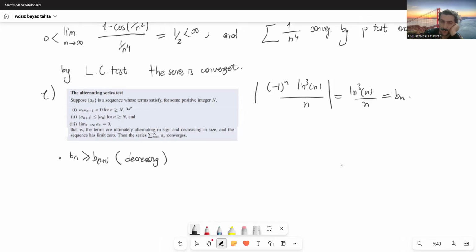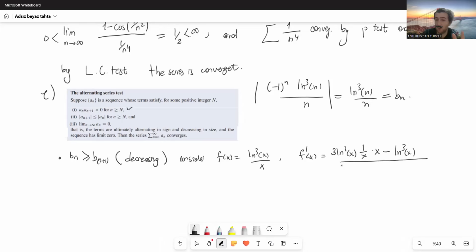Consider f of x, and take the derivative: 3 ln square x times 1 over x, minus ln cube x, over x squared. I'm applying the quotient rule. Now let us simplify: it is (3 minus ln x) ln square x over x squared.